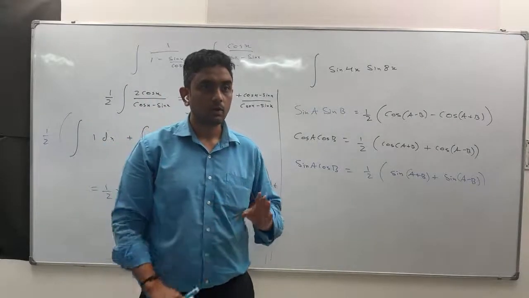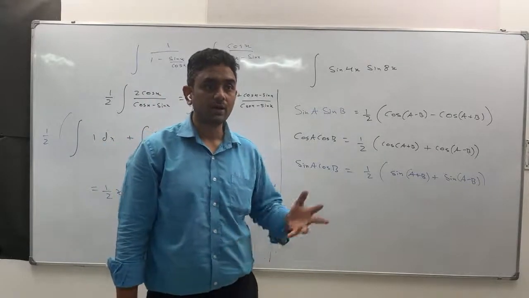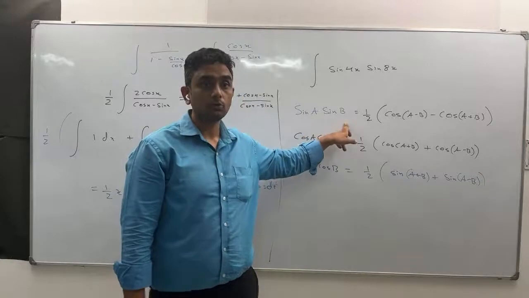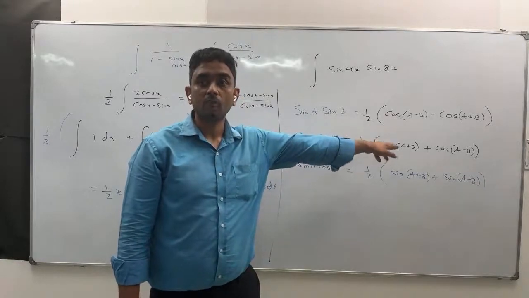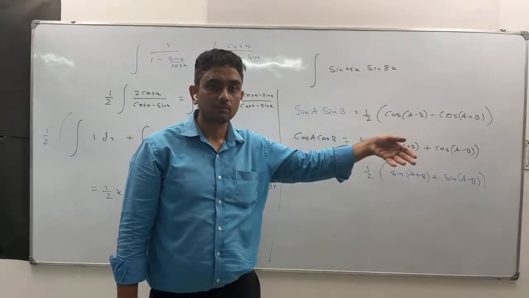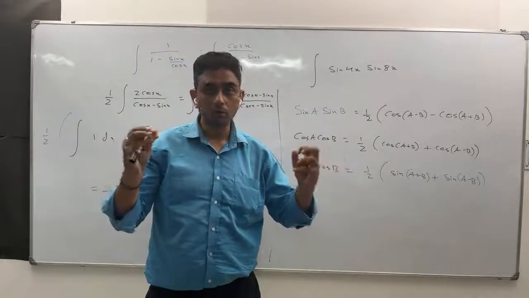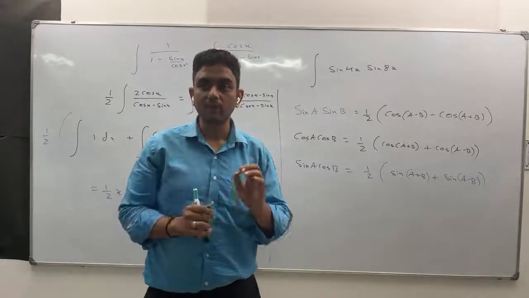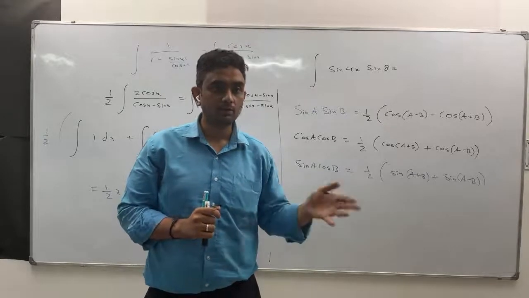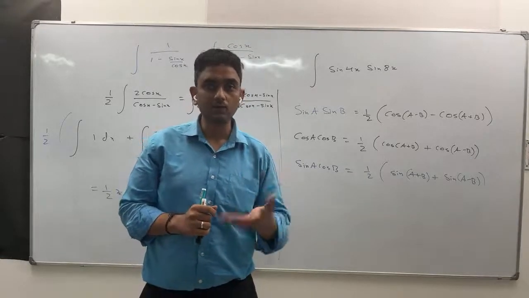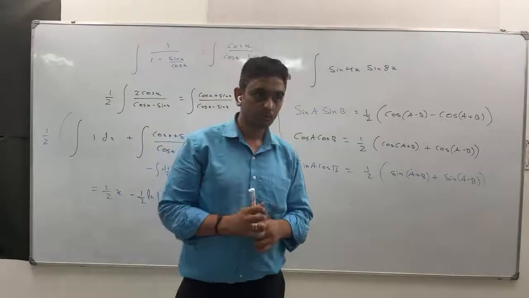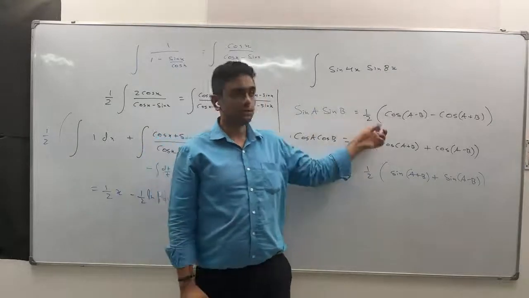Now, what is the benefit of these formulas? We are converting product to sum, which is easy to integrate, because we can split it. When you think of integration, think what is the easiest to integrate: a sum, not a product or numerator-denominator.